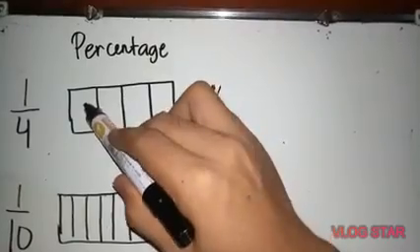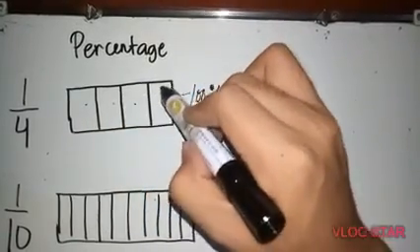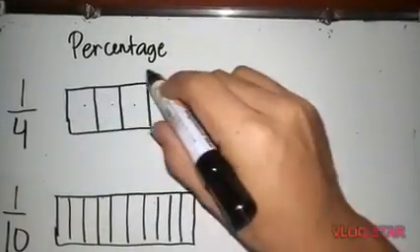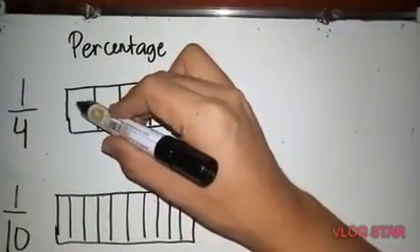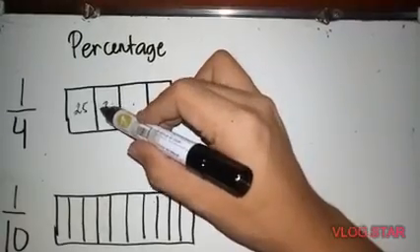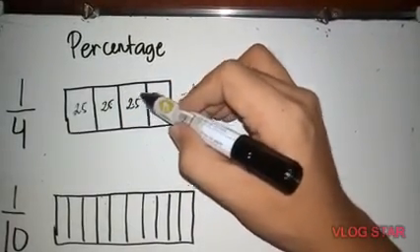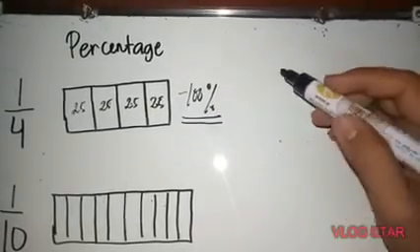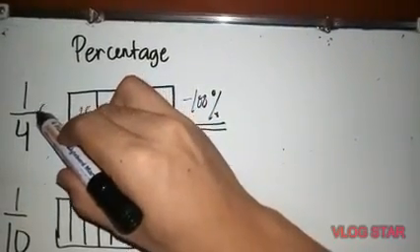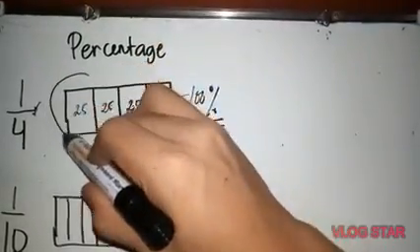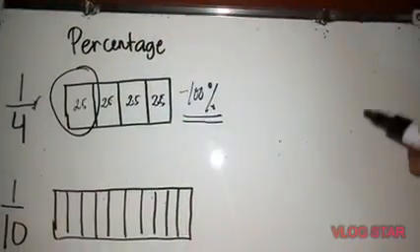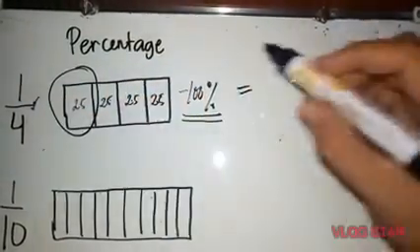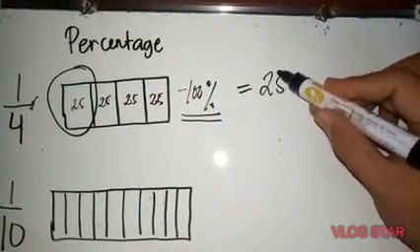So this is 1/4, 1/4, 1/4, 1/4. If this is 100% and divided into 4 equal parts, each could be 25, 25, 25, and 25, making it 100%. Since we're just looking for 1/4, so this part, then we can say that 1/4 is 25%.